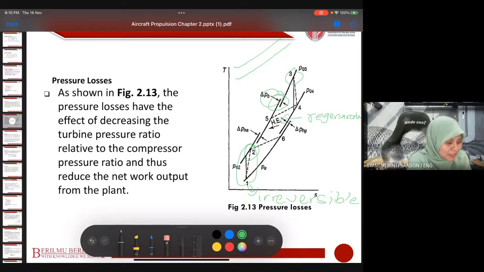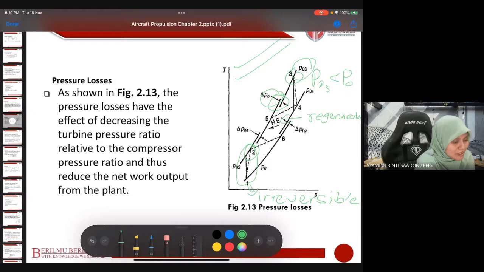We assume that the stagnation pressure at the third state is less, a loss due to those factors just now, friction, etc. So P03 will be less than P2 before the process.